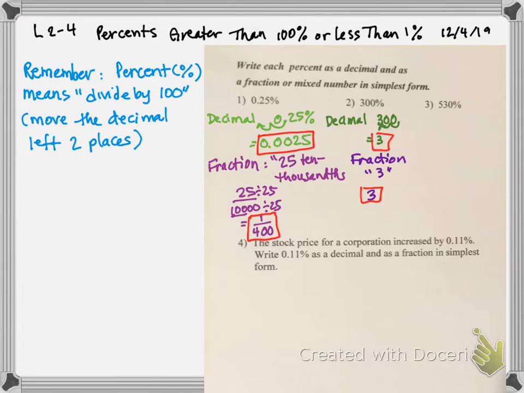All right, let's do another one like that. So we're going to divide by 100 by moving the decimal point left twice. That's going to give me, oops, I forgot to write the word decimal, 5.3. Now I'm going to actually read that for the fraction part.